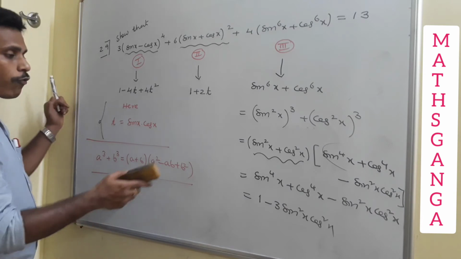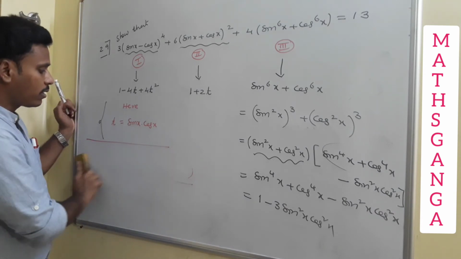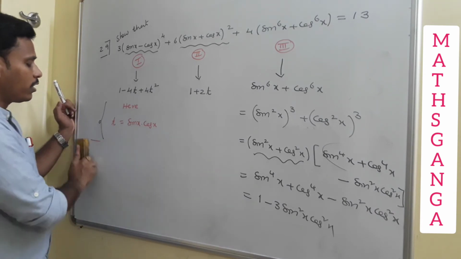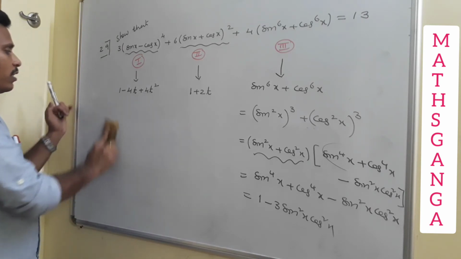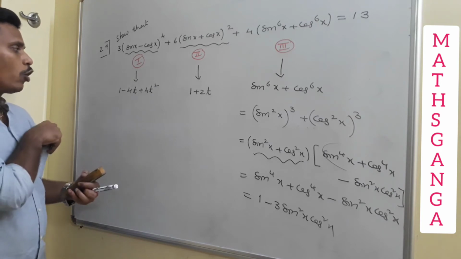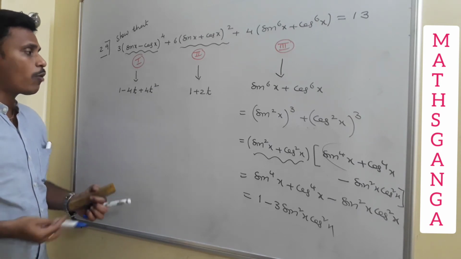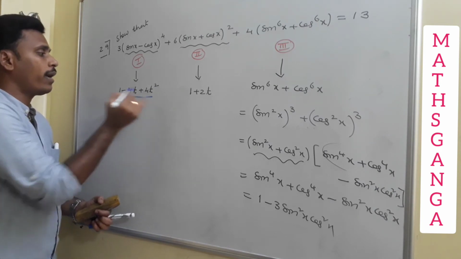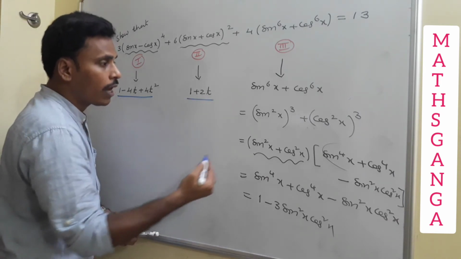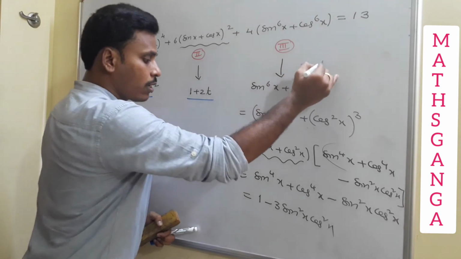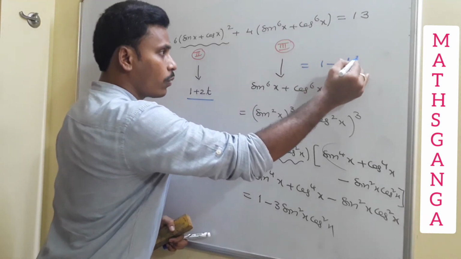See, sin power 4x plus cos power 4x minus sin square x cos square x. Just memorize this: sin x into cos x is equal to t. I am erasing this, okay? Have a look at this. The first term on simplification is 1 minus 4t plus 4t square. The second term is 1 plus 2t. And the third term at the end you get as 1 minus 3t square.